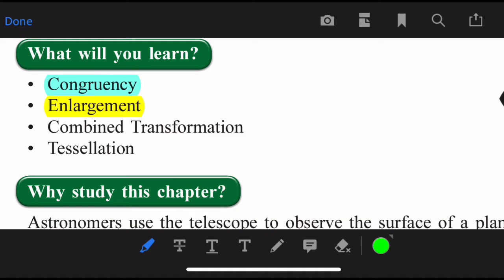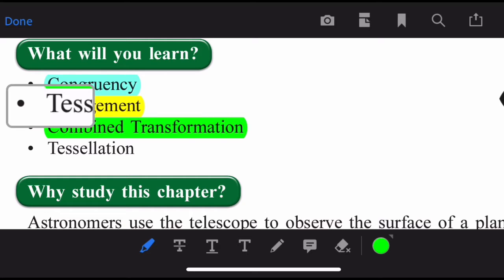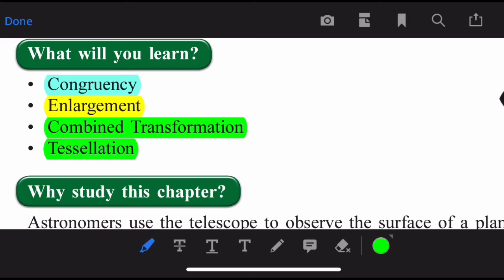So let's focus on the terms first, and then the last one is actually tessellation, which is totally new to the mathematics syllabus compared to the old syllabus.